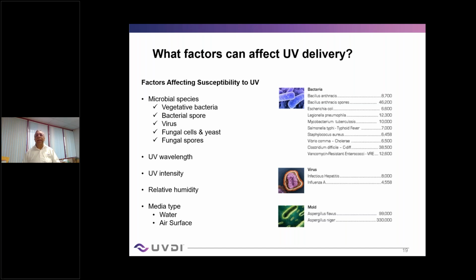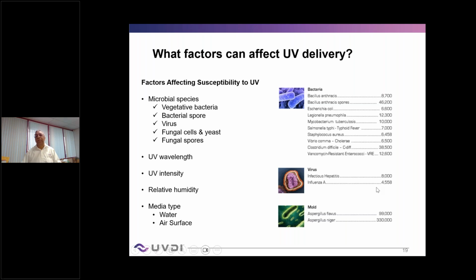Talking about the susceptibility of the different microorganisms to UV technology, on the right-hand side you can see some dose values. The first one on the top is the Bacillus anthracis spore, 8,000. E. coli is 6,000, Legionella 12,000. Among viruses, you have 8,000, influenza is 4,000, and when SARS-CoV-2 came out, I don't have it on this, but it's about 3,700 or 3,000-something.